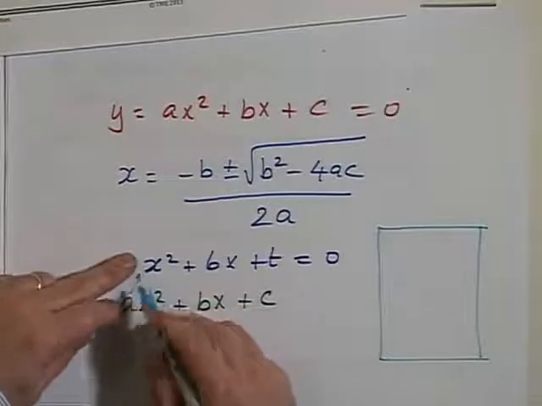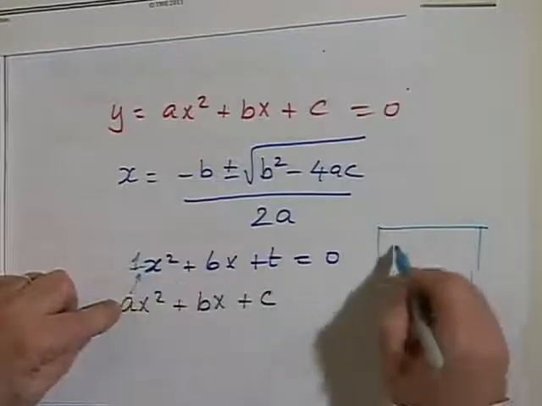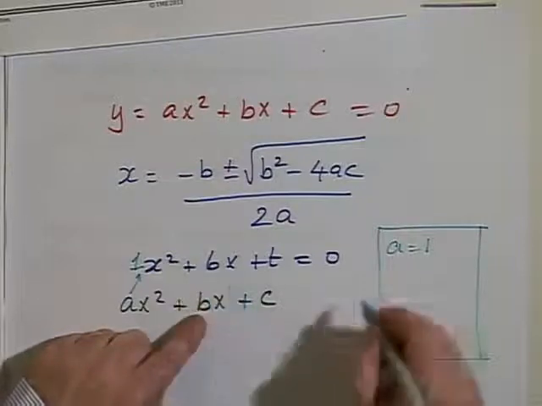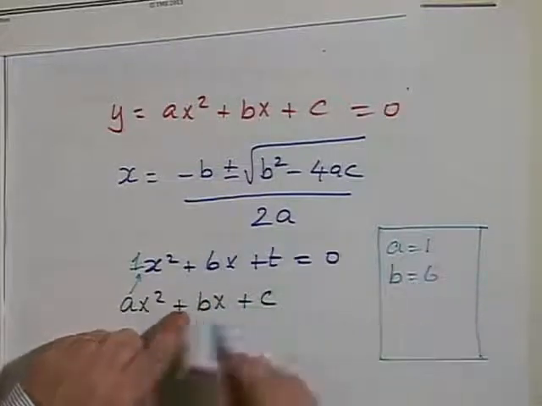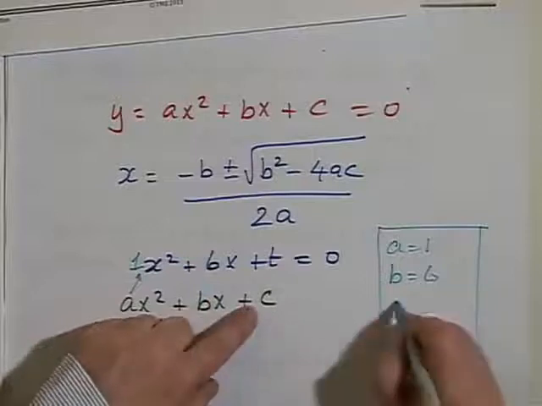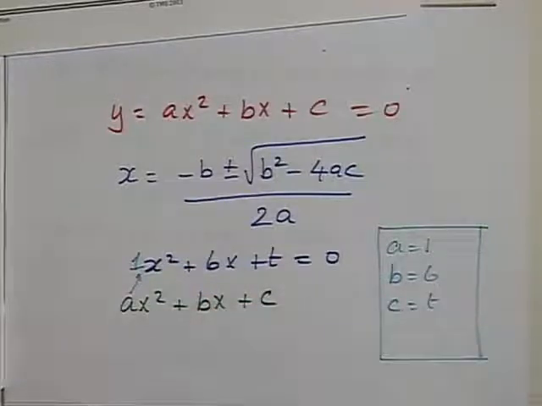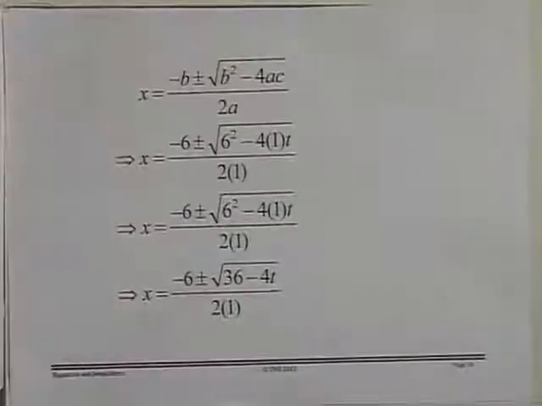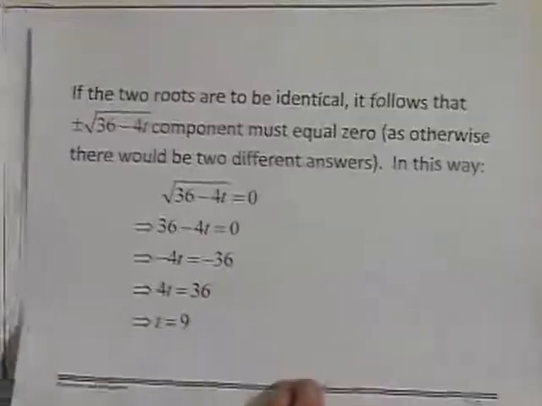A must be a number. This must be 1. A is 1. B must be a number. B is 6, and it's positive 6. And c is t. Then I use those numbers in the equations that follow, and I solve the expressions that go forward.